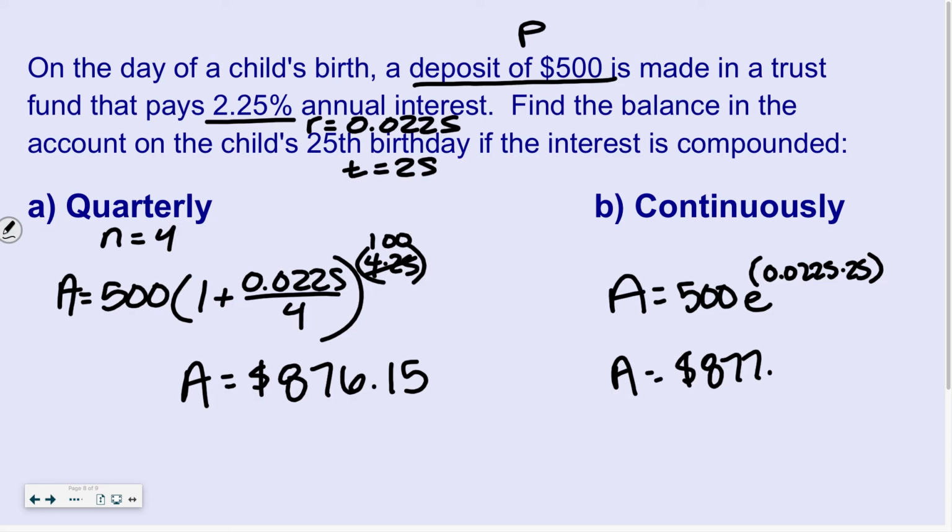Nobody typed that into their calculator? $877.53. Okay, so if you're not getting these two answers, then you're typing something in incorrectly, and we want to kind of look for what that is. Okay, so just kind of be aware of that. If you want to jot down what the correct answers are in your notebook, you could do that.